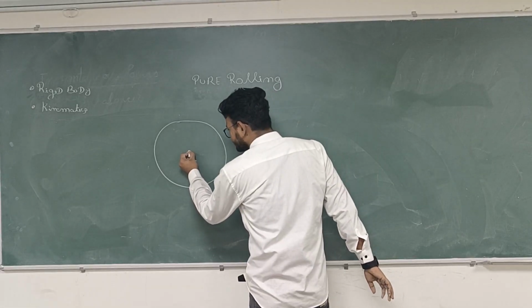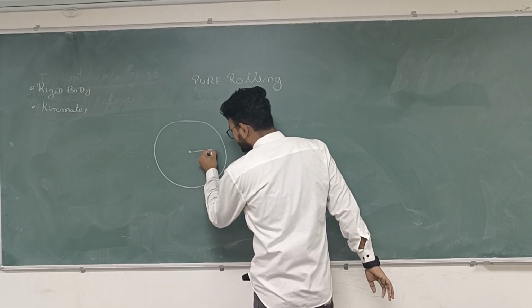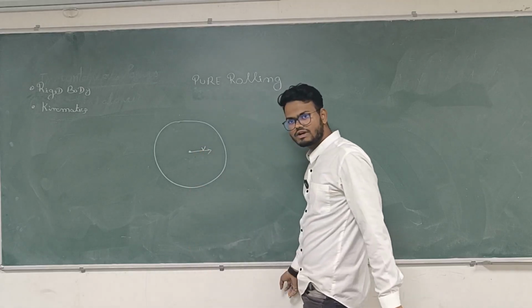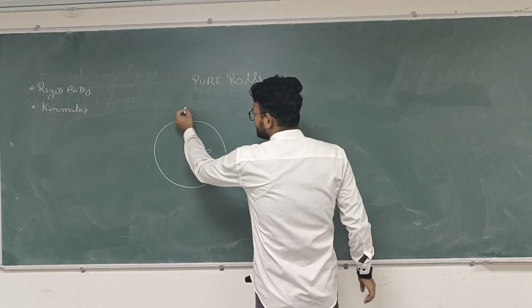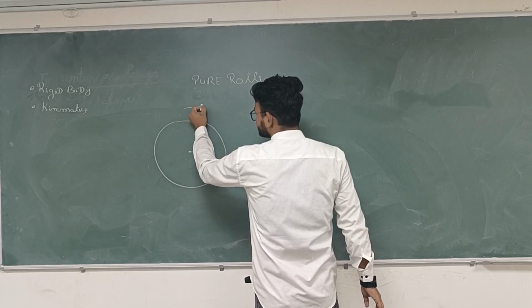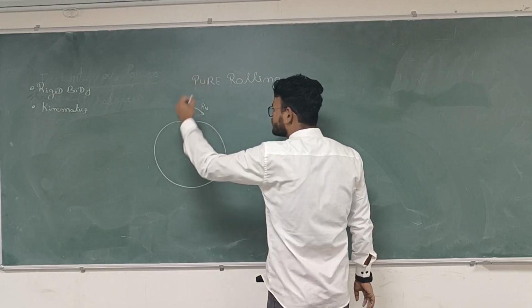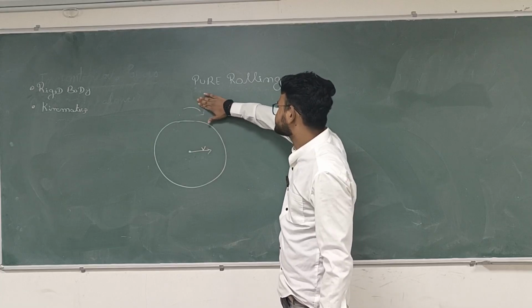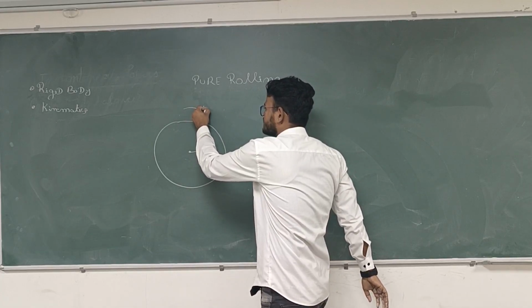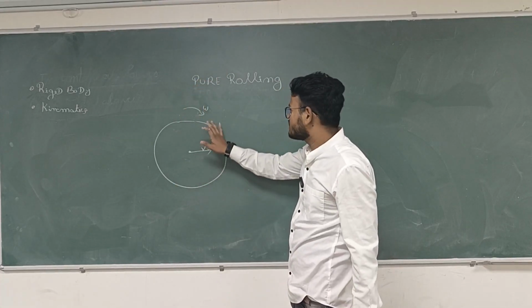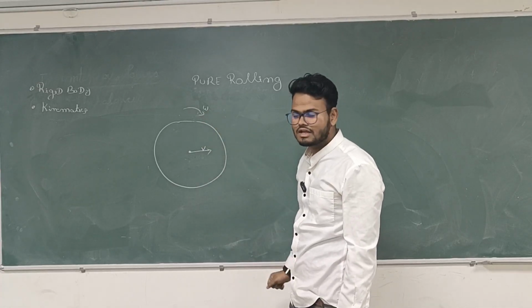The center of mass of this rigid body will move with velocity v in forward direction. Also, it is rotating with angular velocity omega.